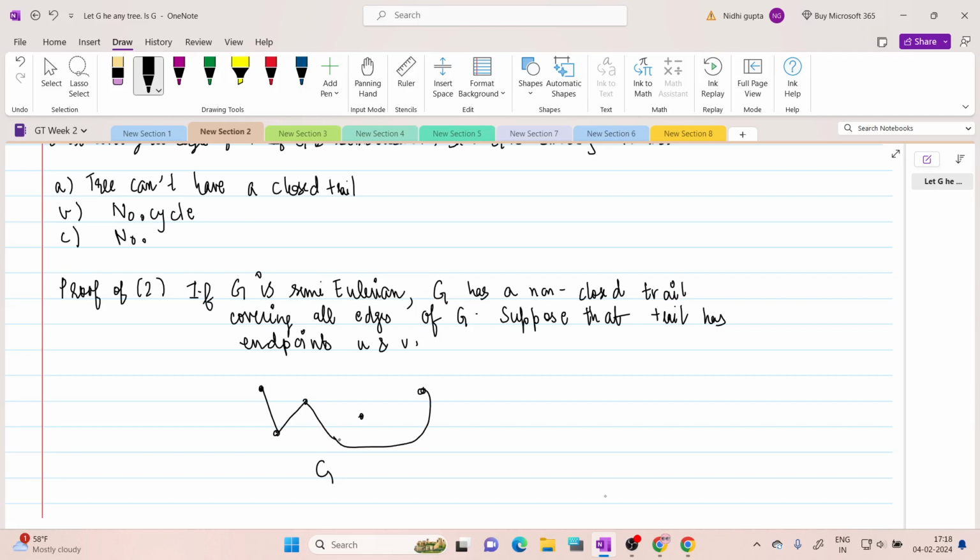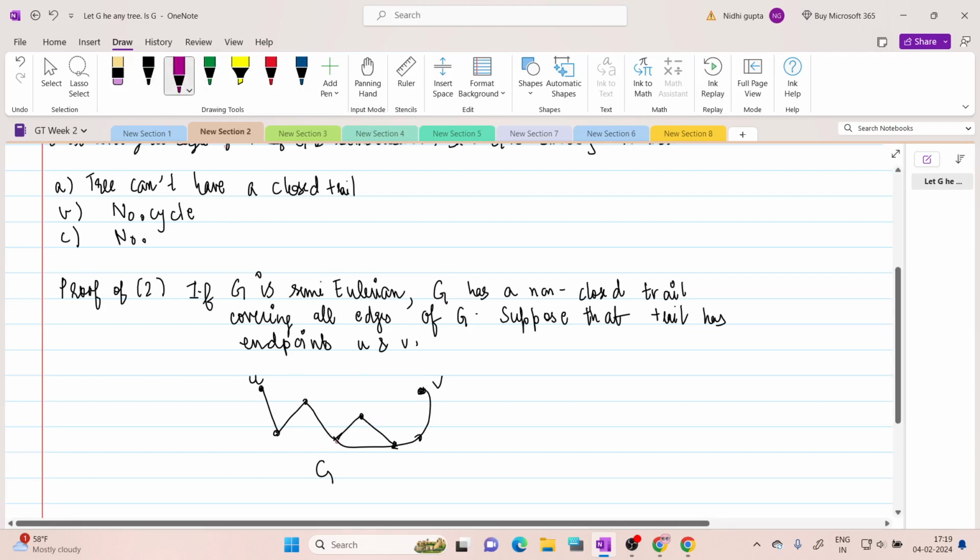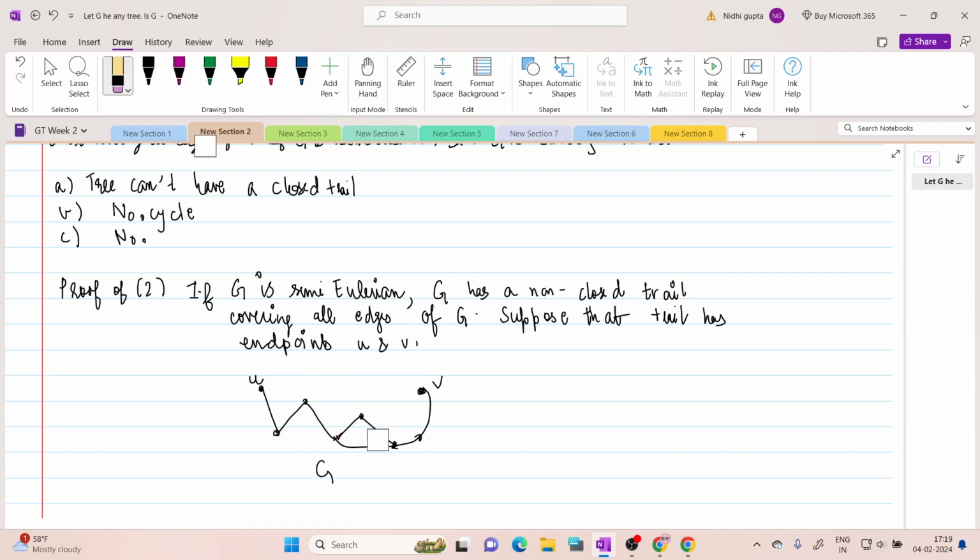So we have this U and V, and we are covering all the edges of the graph. So we have some trail in which vertices are allowed to be repeated, but edges can't be repeated.